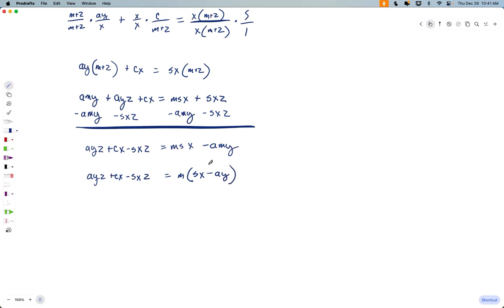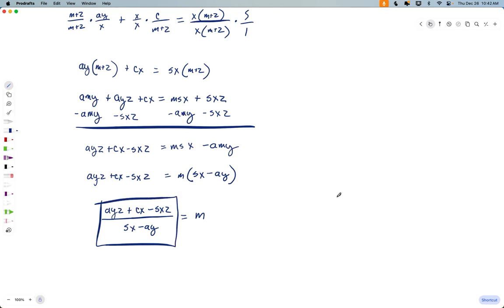Divide both sides by this factor and I get AYZ plus CX minus SXZ over SX minus AY as the value of M. This is what you would type in.